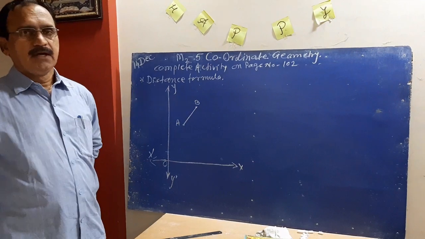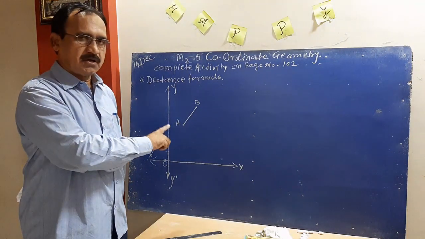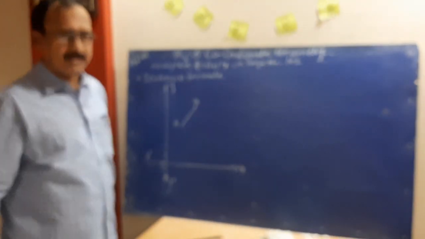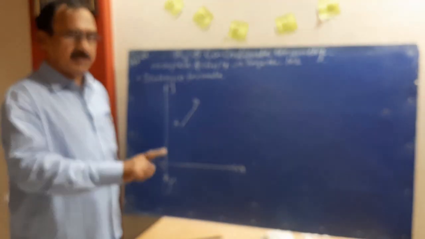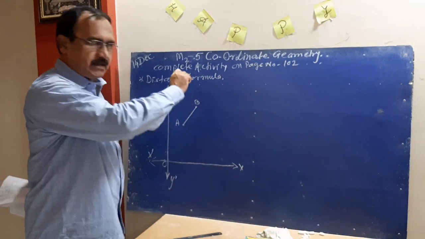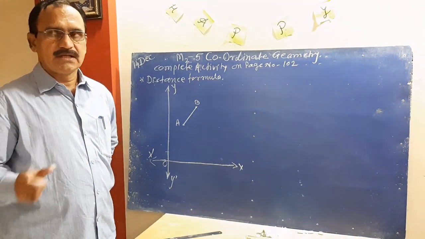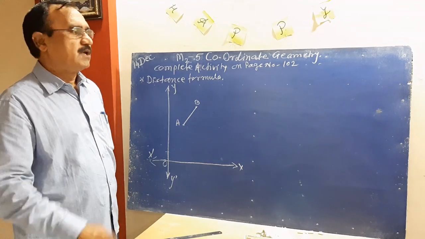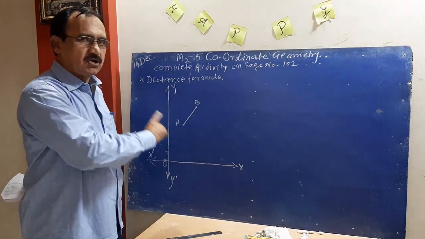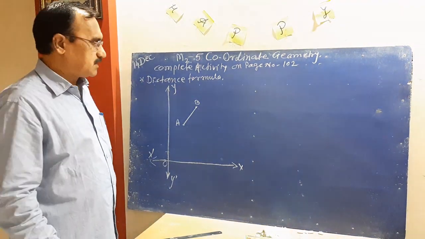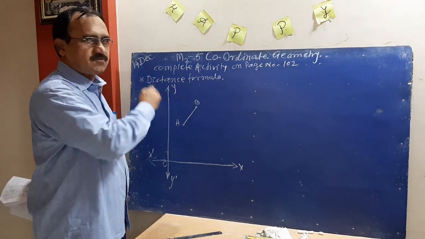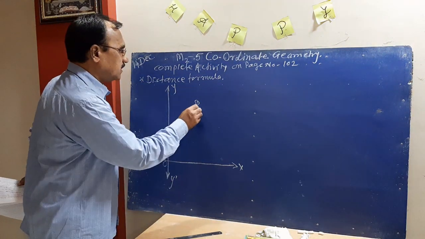segment AB. Here segment AB is not parallel to the x-axis. If segment AB is parallel to the x-axis, then you know distance AB is equal to x2 minus x1. If segment AB is parallel to the y-axis, then you know distance AB is equal to y2 minus y1. But here this segment is not parallel to any axis, and that's why we have to find the distance formula. See carefully.